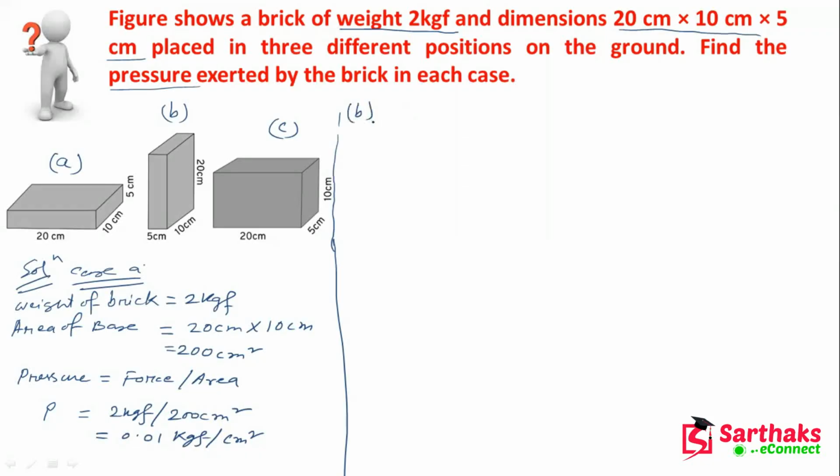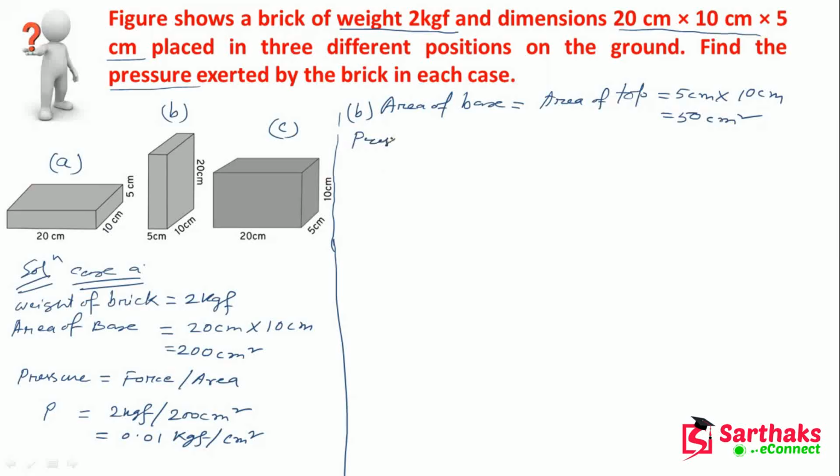Next, case B. Here again, area of base equals area of top, that equals 5 centimeter into 10 centimeter. That becomes 50 centimeter square.